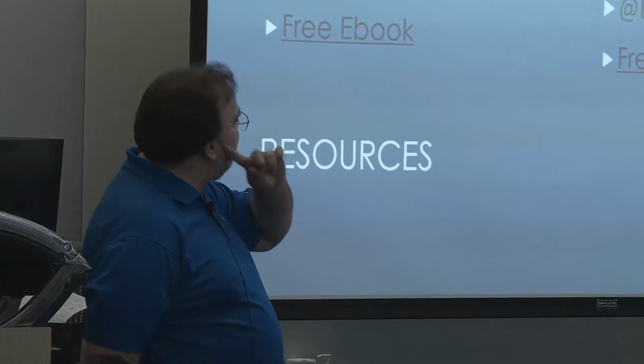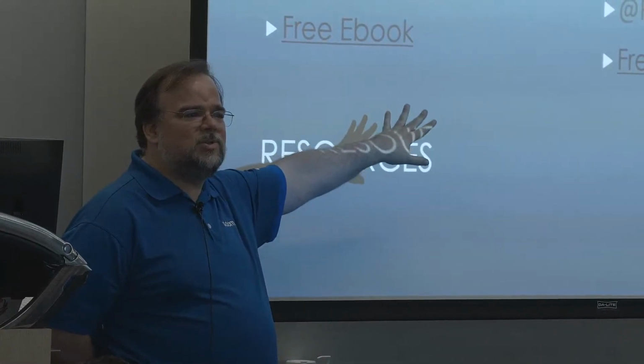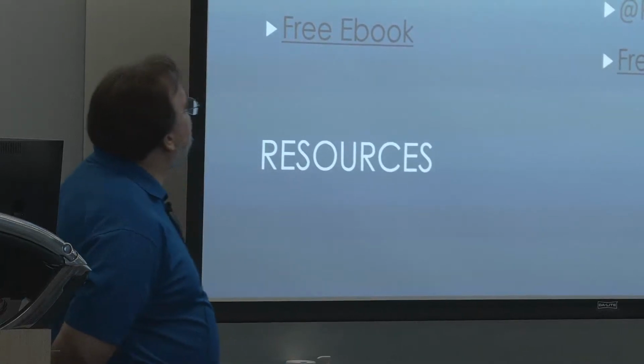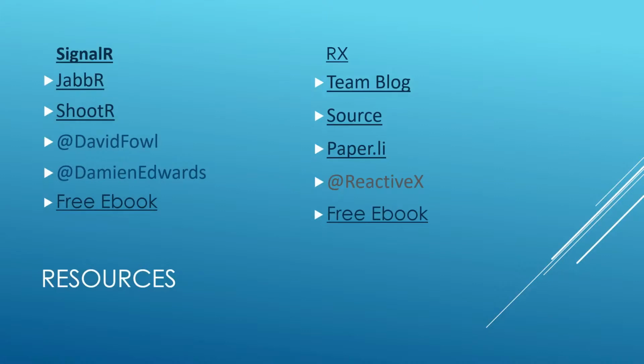So this slide is more important if you download the slide, because all of these are hyperlinks to the underlying source information. Both SignalR and Reactive Extensions have free ebooks. Again, those ebooks may be slightly out of date at this point, but one of the great ways of learning is by going through those and figuring out, so now how do I do it in the new version? And how does that change? Because you're going to learn a lot by doing that.